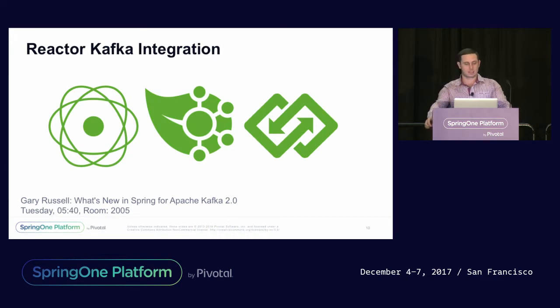In this sample, I would like to demonstrate a new project, Reactor Kafka, and how we can use it from the Spring Integration perspective. Also, I use Spring Kafka here, and Gary Russell will tell you more this evening about Spring Kafka, how it works.